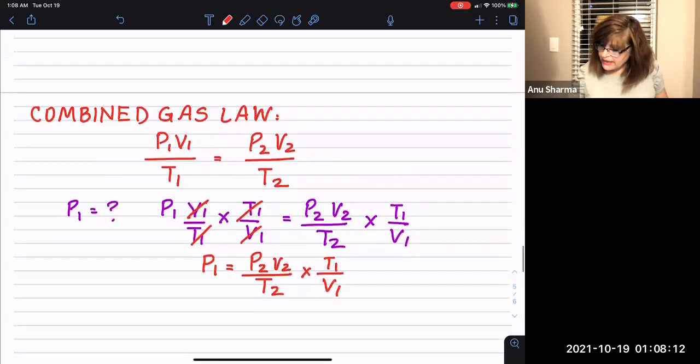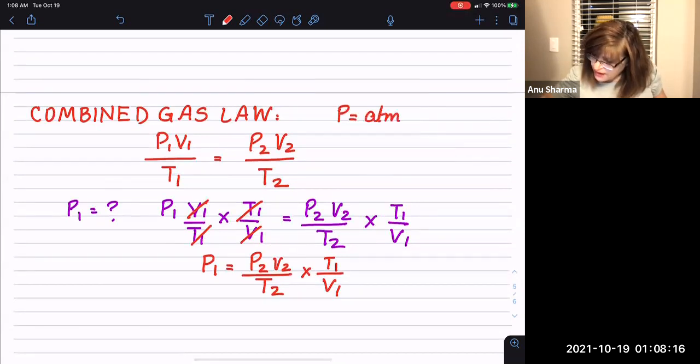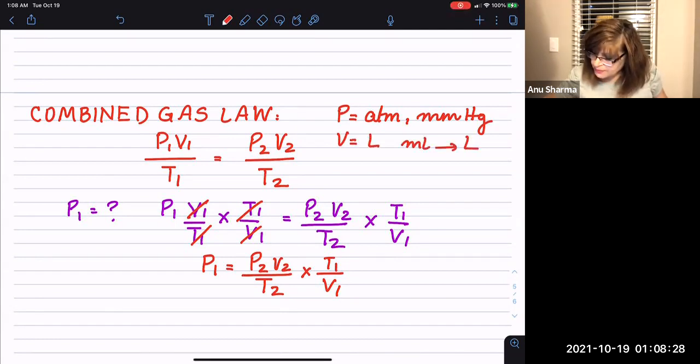So keep in mind that pressure generally will be either in ATM or in millimeters of mercury. We prefer these two, okay? Volume always has to be in liters. So if you're given something in milliliters, convert it into liters by multiplying by 1 liter over 1000 milliliters.